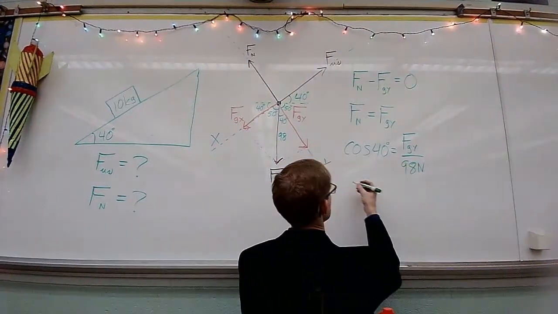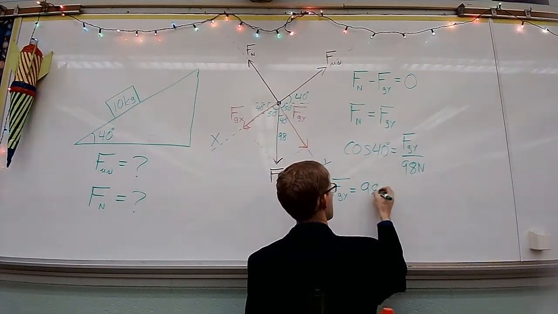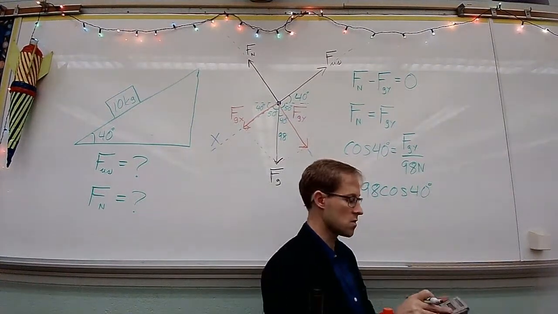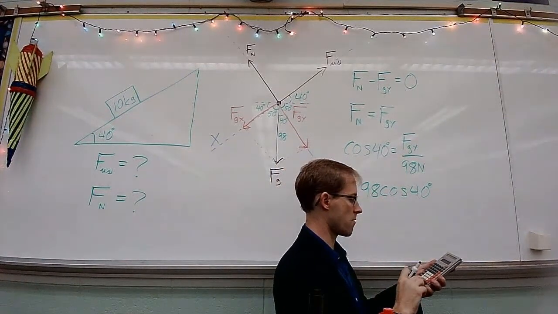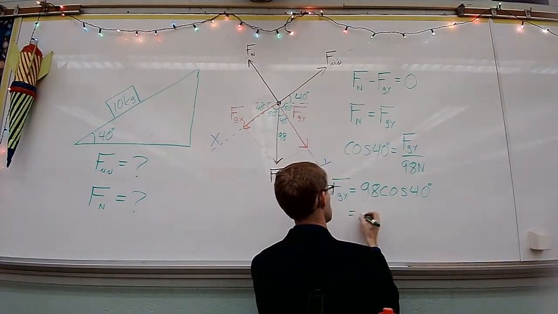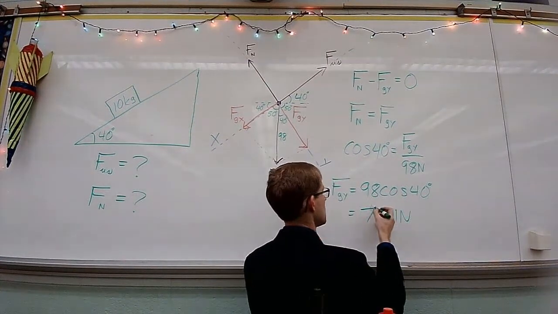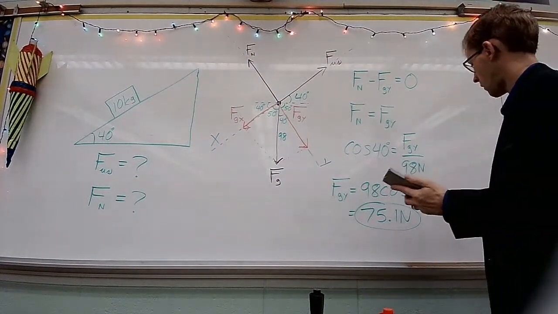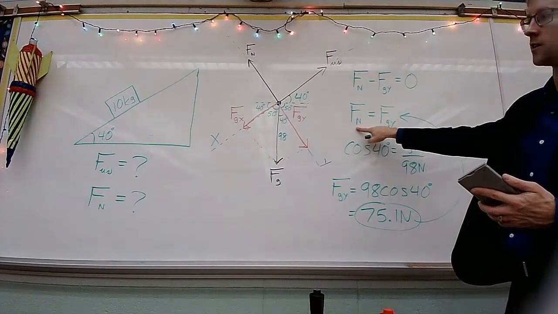So that's what I do. And when you do that math, and your calculator is properly in degree mode, you get 75.1 newtons. So 75.1 newtons is equal to your force of gravity in the y direction, and therefore equal to your normal force.